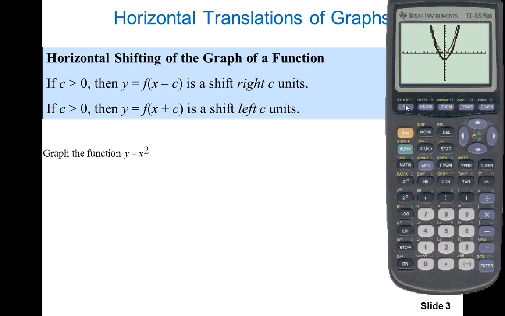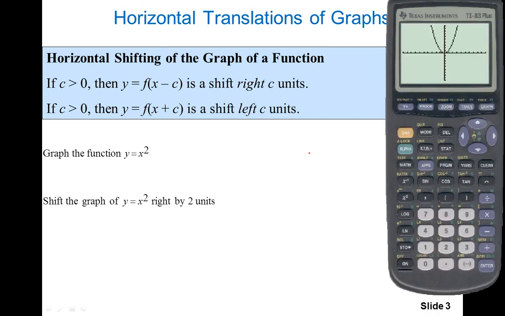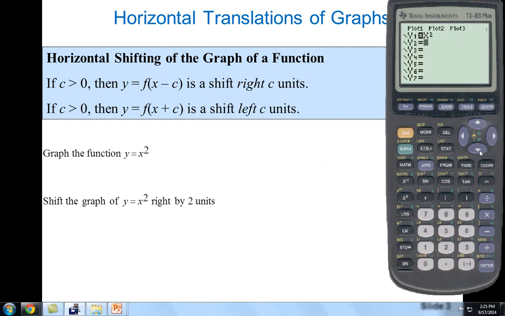Once again, we'll graph the y equals x squared function. We have our basic quadratic function. Now we'll shift the graph of y equal to x squared to the right by 2 units. And if we use our formulation, we should enter in our function as parenthesis x minus 2 in parenthesis, and now we'll square that quantity.